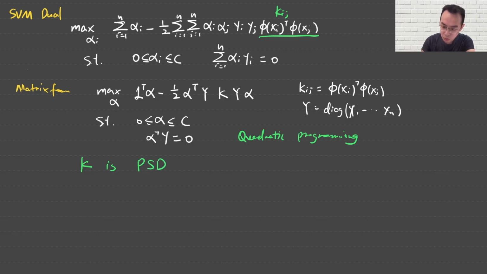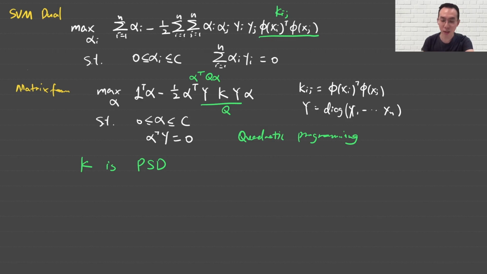And then sometimes we also write this whole thing here as Q, so the second term can also be written as alpha transpose Q alpha, right? So Q is also going to be positive semi-definite. That's important for quadratic programming to have this solution. The reason K is positive semi-definite is because it has all the inner products.